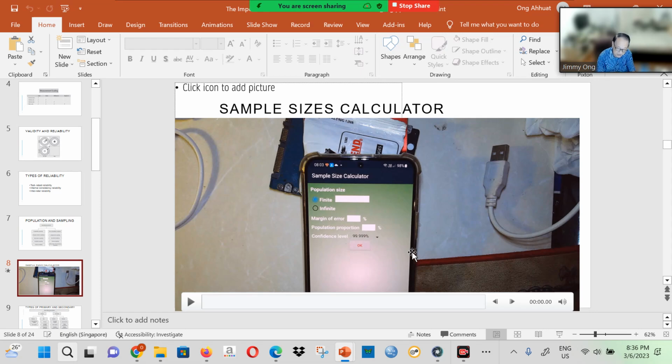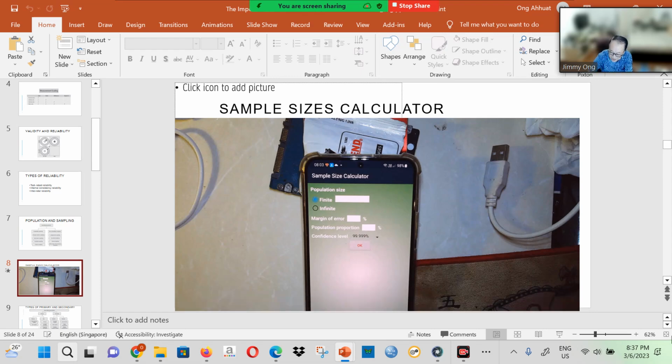So you look at it first while I try to show you the sample calculator. Sample calculator is this kind of program whereby you can even use your handphone. This is taken from the handphone.